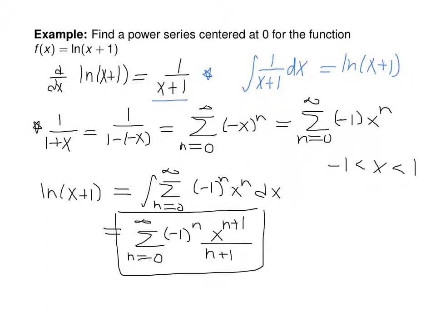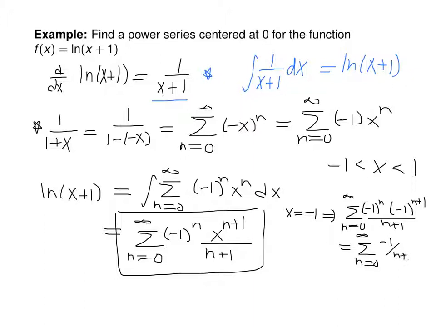So if we test x equals negative 1, that gives us the sum from n equals 0 to infinity, negative 1 to the n, negative 1 to the n plus 1, all over n plus 1. Now, this particular series is the same thing as the sum from n equals 0 to infinity, just negative 1 over n plus 1. You can verify that by just starting to input some numbers.